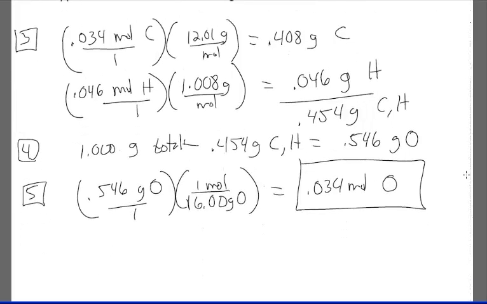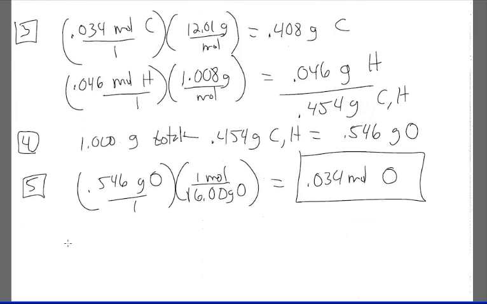Take mole ratios. So if we use the largest one, that's step 6, moles of hydrogen over moles of carbon or oxygen, which are about the same, we end up getting 1.3, which is not that close to an integer. So we'll use trial and error to come up with integers.